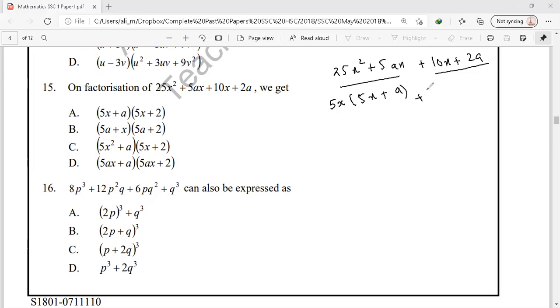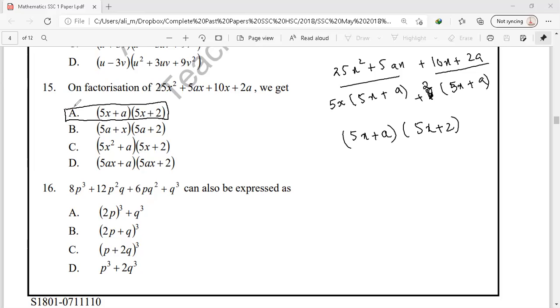Similarly, we can take 2 common from this, and we will get 5x plus a. So again, we have the 5x plus a common factor. So the remaining is 5x plus 2. So this is the factorized form. And in question number 15, the correct option we have is option A, 5x plus a and 5x plus 2.